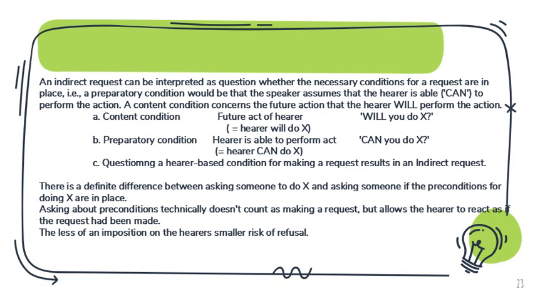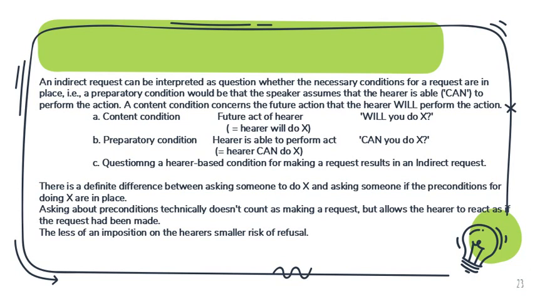There is a definite difference between asking someone to do X and asking someone if the preconditions for doing X are in place. Asking about preconditions technically does not count as making a request, but allows the hearer to react as if the request had been made.